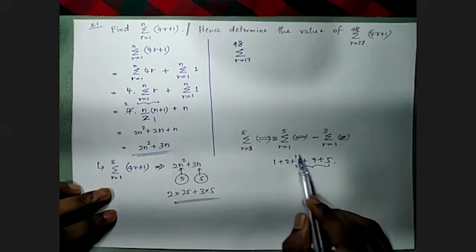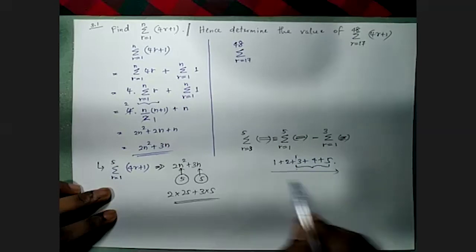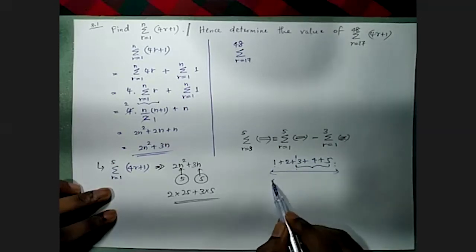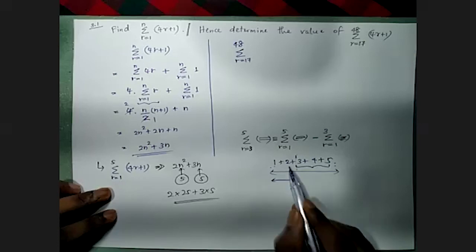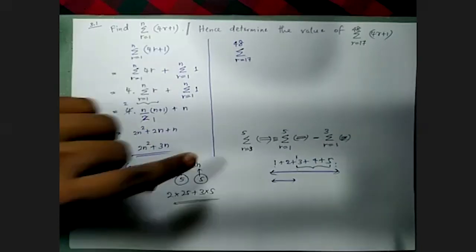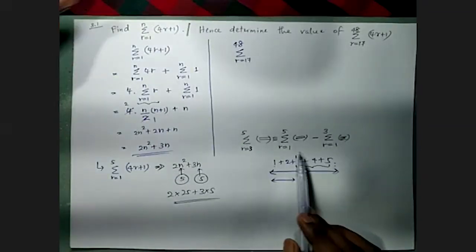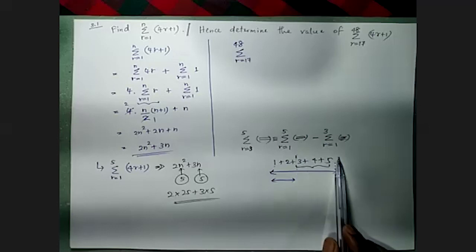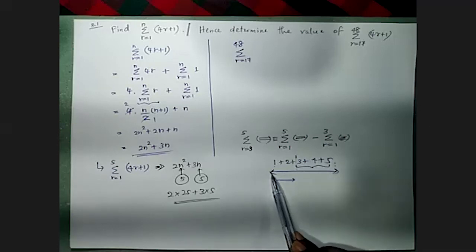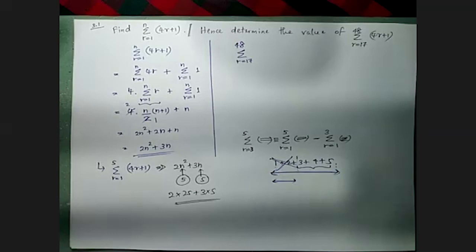In order to calculate this, I have to take the entire sum from 1 to 5 and subtract the sum from 1 to 2, because sigma notation is applicable from 1 to another number. So we have to start from 1. If they have given the middle part like this, I have to take the entire sum from 1 to the last term and subtract this irrelevant section. Understood?